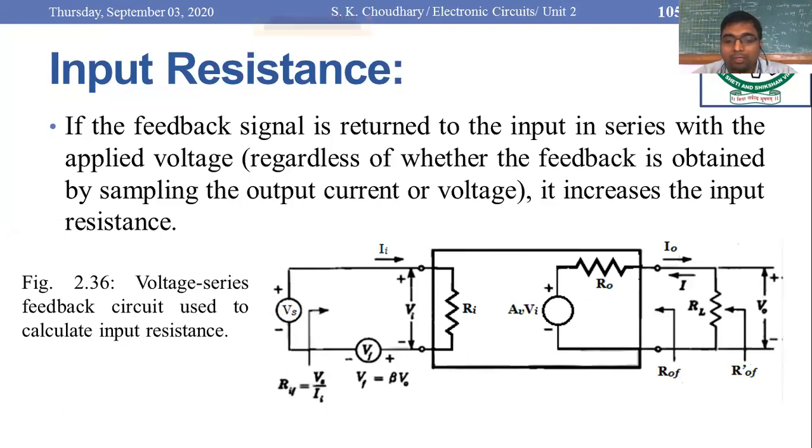So all of you please draw this diagram. As per our syllabus, we only have to discuss the voltage series and current series feedback amplifiers. So we will restrict our discussion to these two.